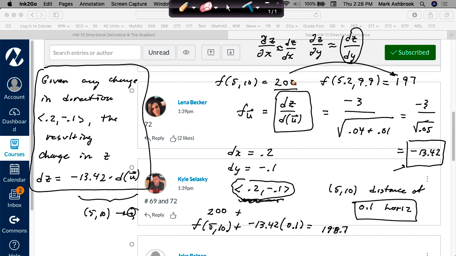Well, we can figure it out, but we're just given two function values at two different points. So from that, we figured out change in z, change in horizontal, and that ratio is the rate of change. So it's, like I said before, a totally different way of coming in at directional derivative. Instead of the dot product, it's more the meaning of rate of change, right? Change in z over change in direction that you're going.